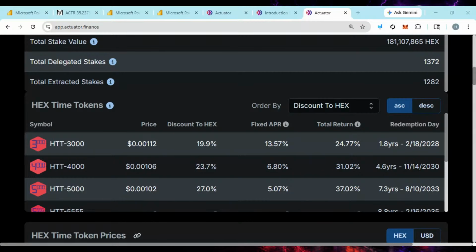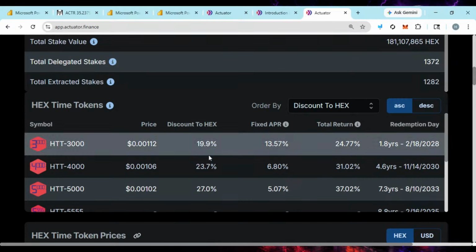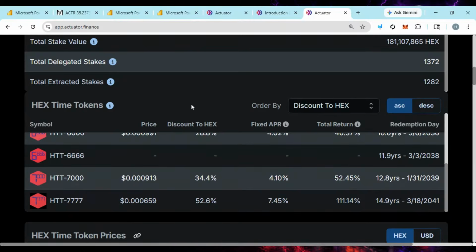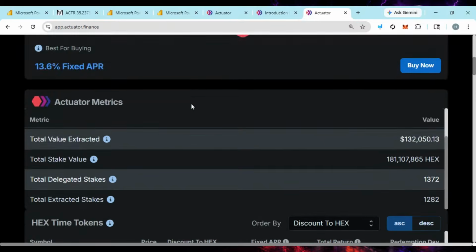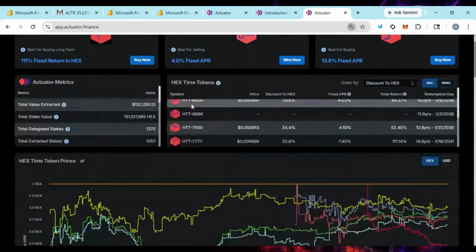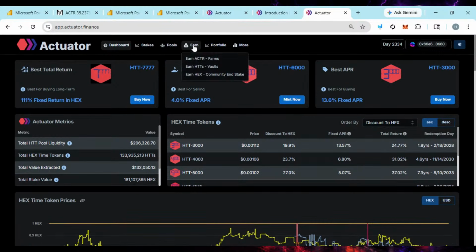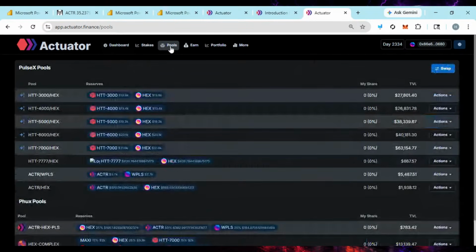People can do that. Now, for people who are interested in the Actuator protocol, besides just simply swapping in and out and minting, there is also a farm aspect to this. Let's bring us down into a smaller screen overall. Well, larger screen, I guess. And we're going to go look at the pools for a moment.